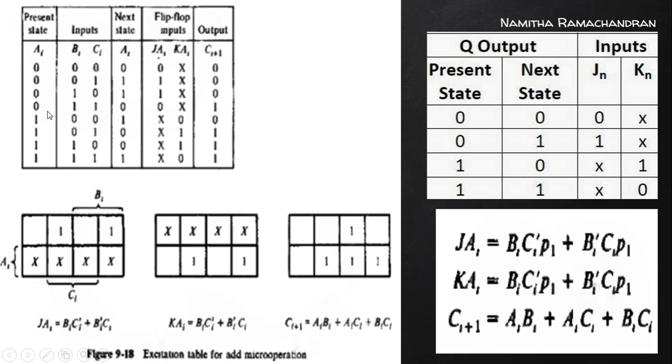Again 0 plus 1 plus 1. The next state of AI is 1 plus 1 means 0 with carry 1. Carry out becomes 1. Right. Next is 1 plus 0 plus 0. That is, the next state of AI is 1 with carry out equal to 0. Again 1 plus 0 plus 1.